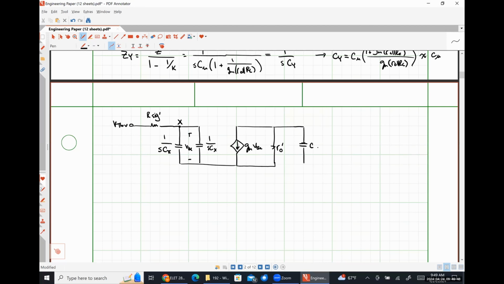Here's our capacitance, excuse me, this should be 1 over S CS. And here's node Y, we put in our 1 over SCY right here. Here's V out. This guy is grounded.